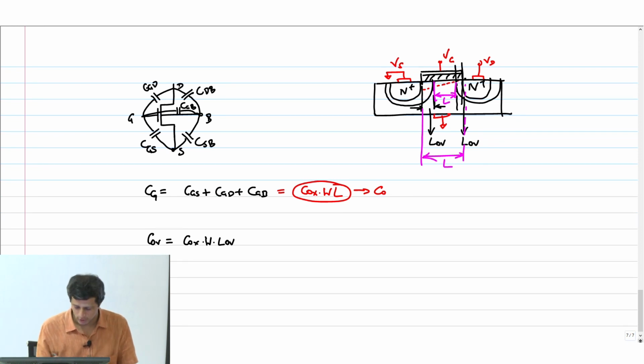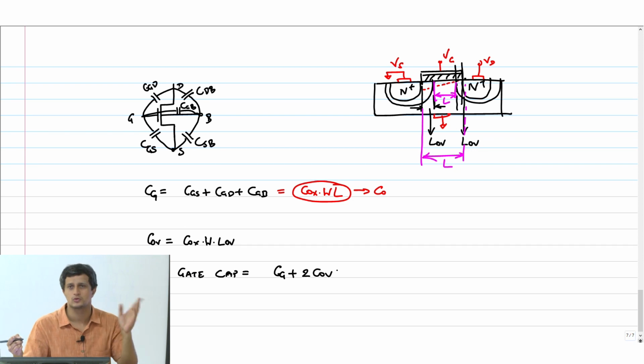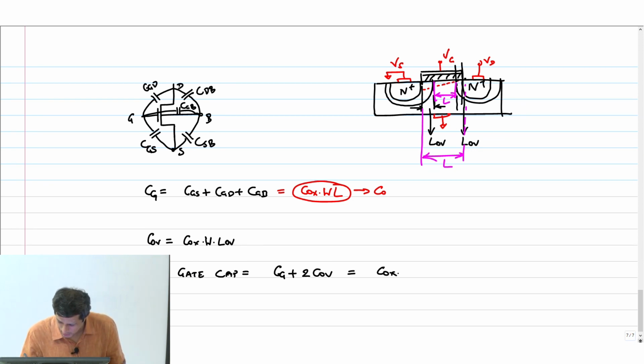So the net gate capacitance is CG plus twice C overlap, one for the drain side, one for the source side. So this I can write as C aux into WL plus C aux into W into L overlap.